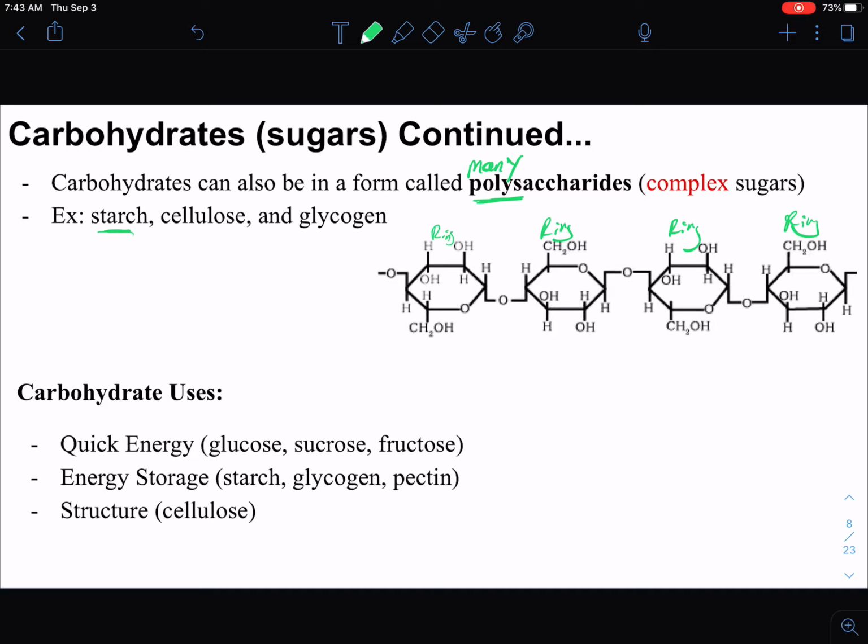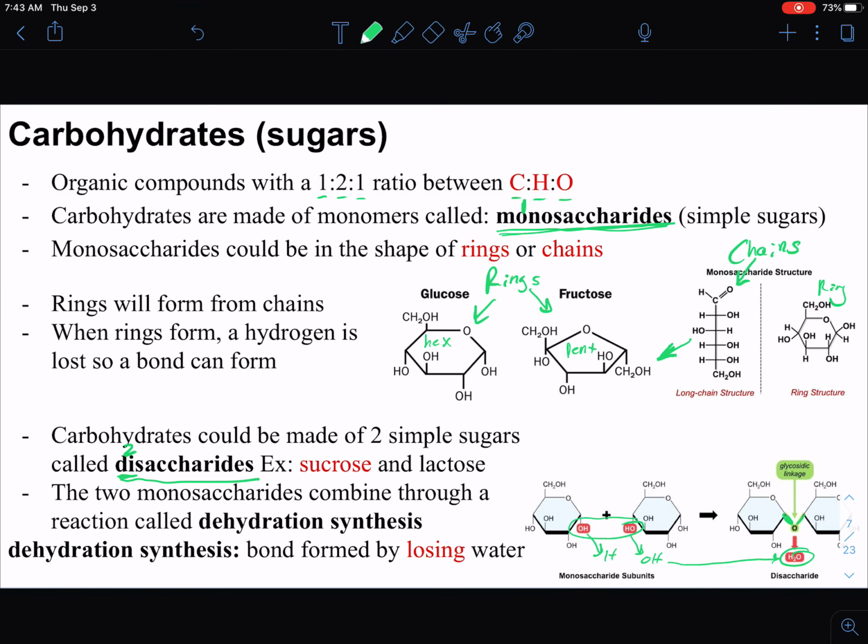And that's the basic parts of carbohydrates. The biggest things here out of this section will be the ratio, carbon, hydrogen, oxygen. Carbohydrates are only made of carbon, hydrogen, oxygen.